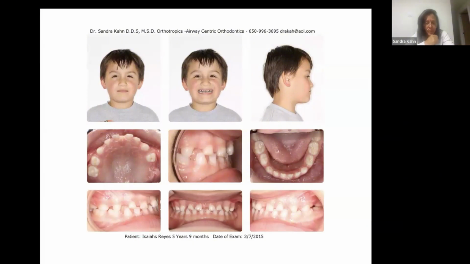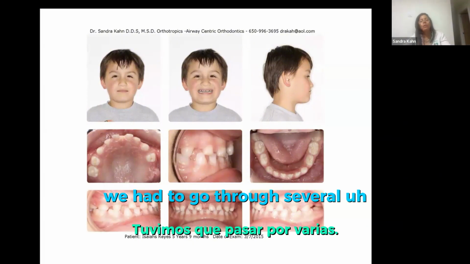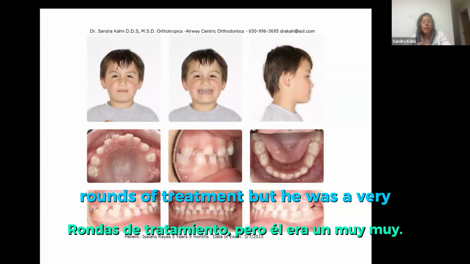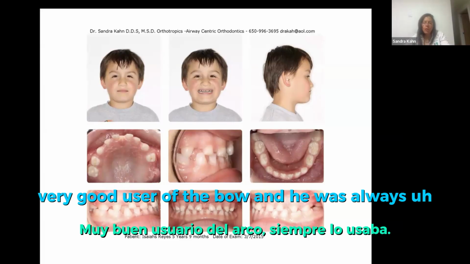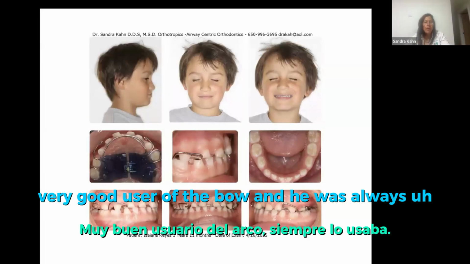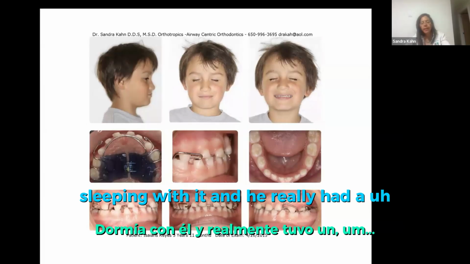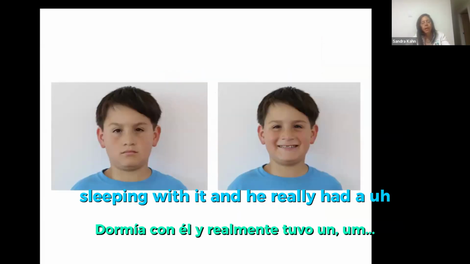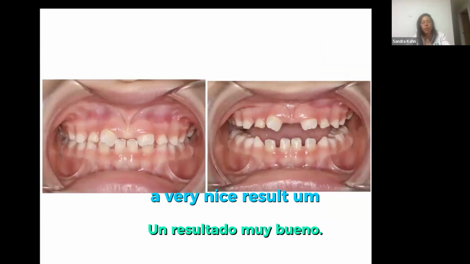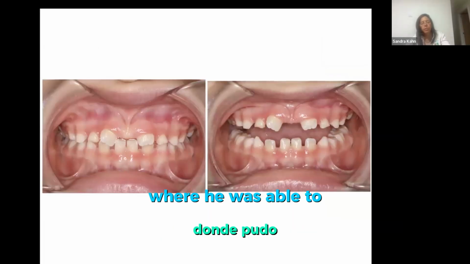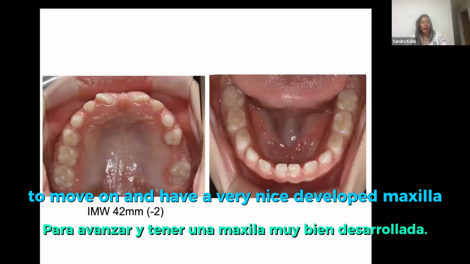We had to go through several rounds of treatment, but he was a very, very good user of the bow. He was always sleeping with it, and he really had a very nice result, where he was able to move on and have a very nicely developed maxilla.